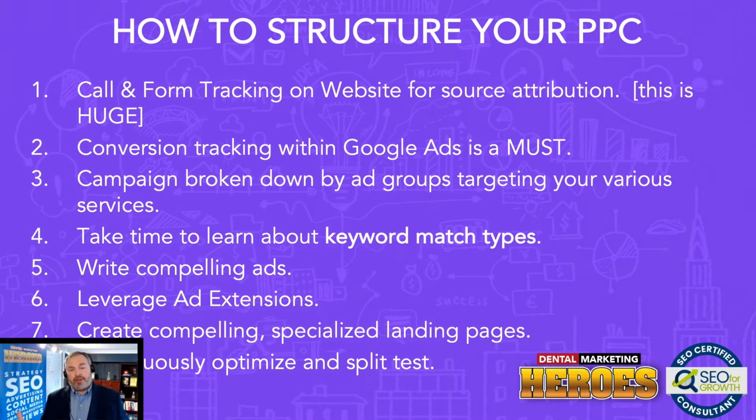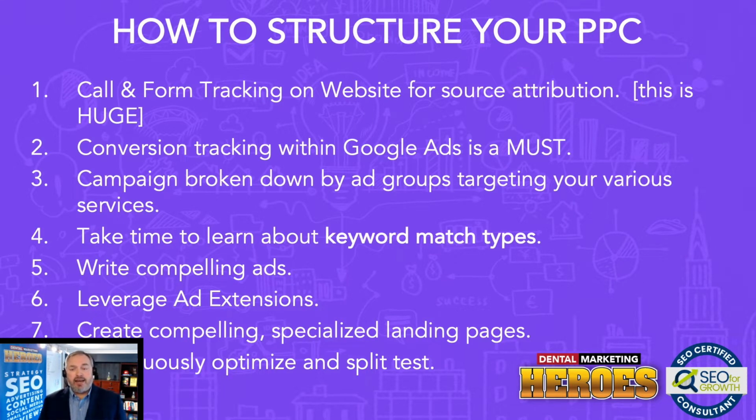The reason for this is that it gives you levers that you can pull directly related to those services. It also means that you can present specific ads that target those services. And again, we'll get into why continuity of relevance is really important.